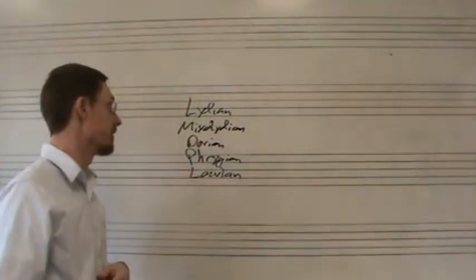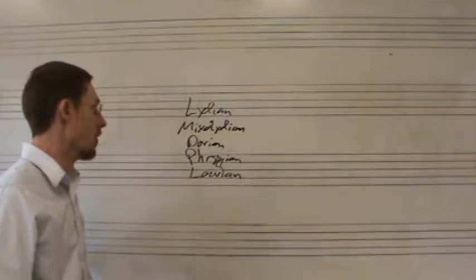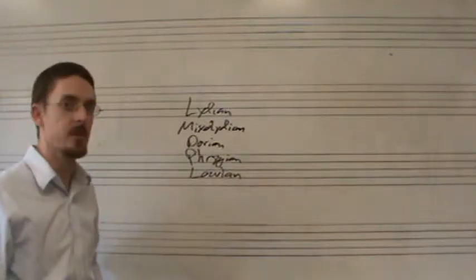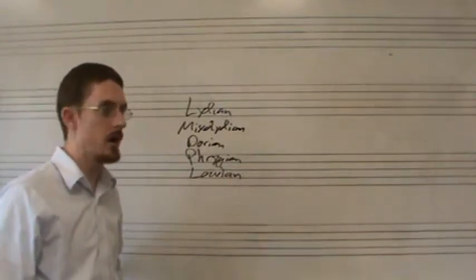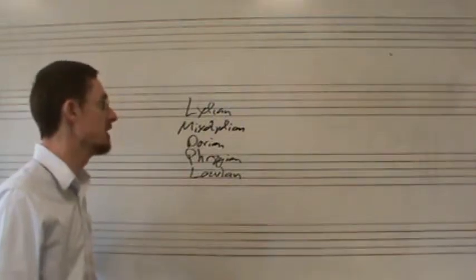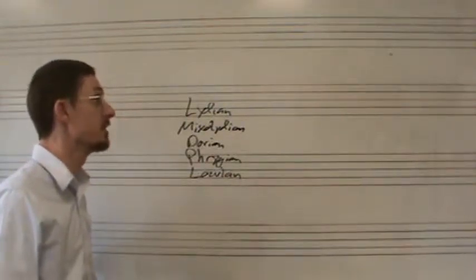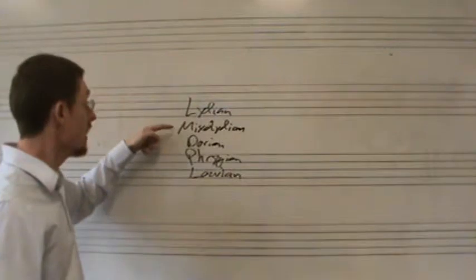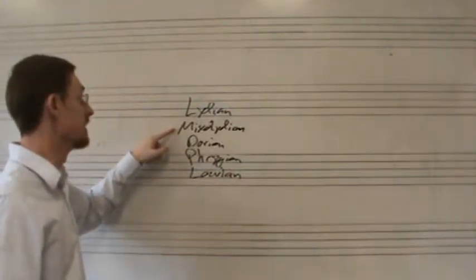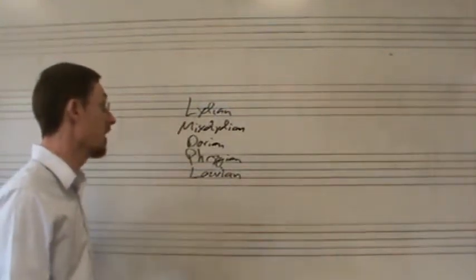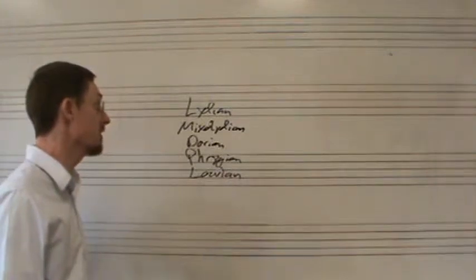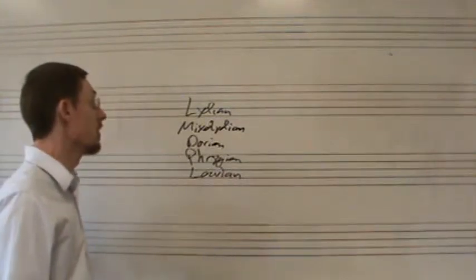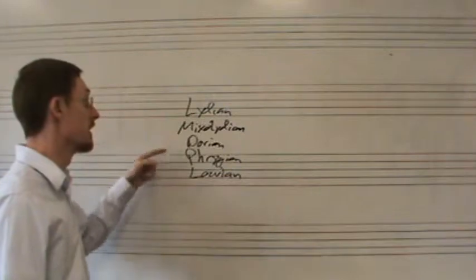Lydian, 2, 3, 4. Do, re, mi, fi, sol, la, ti, do, ti, la, sol, fi, mi, re. Do, re, mi, fa, sol, la, te, do, te, la, sol, fa, mi, re.